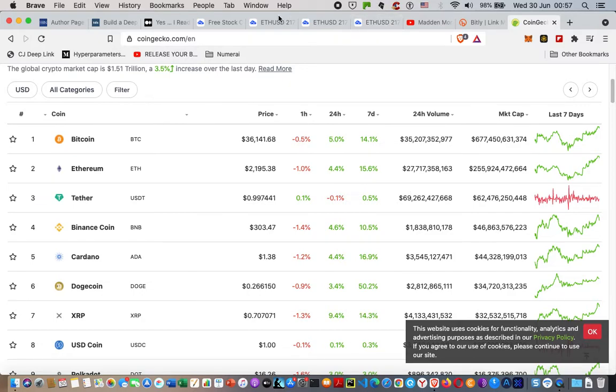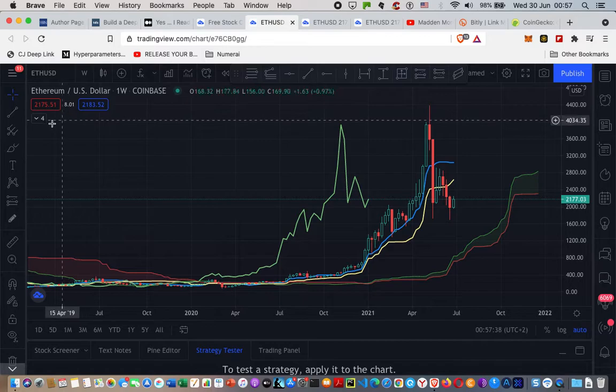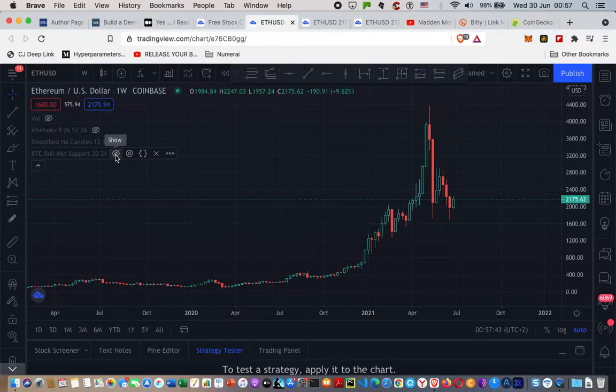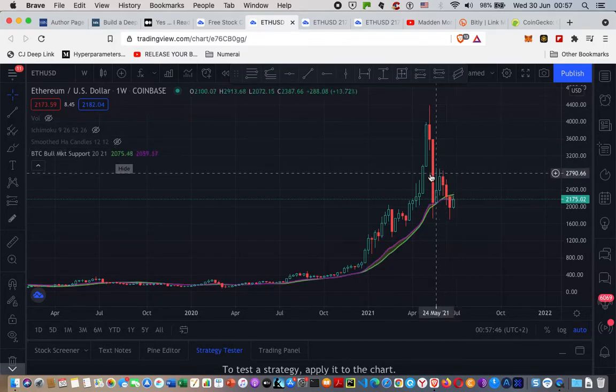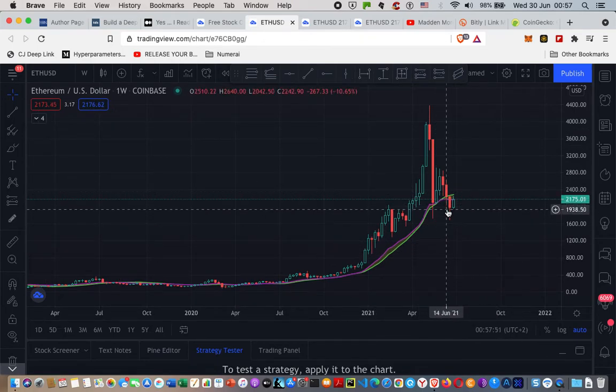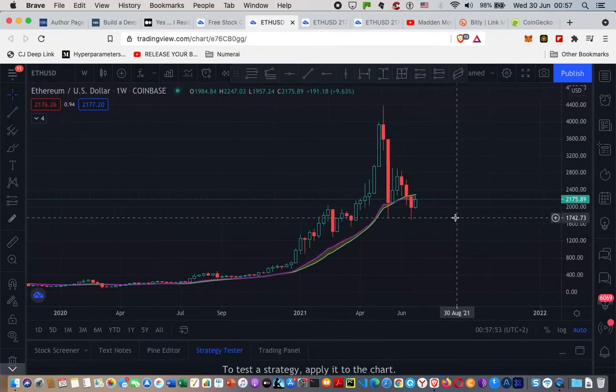Okay, so let's go back to the weekly chart and then do something. Let's hide our Ichimoku and bring out our Bitcoin bull market support. Again, if we expand that just slightly, we can see that the price action here is also below the 20 weekly SMA, or simple moving average, but not as bad as Bitcoin.